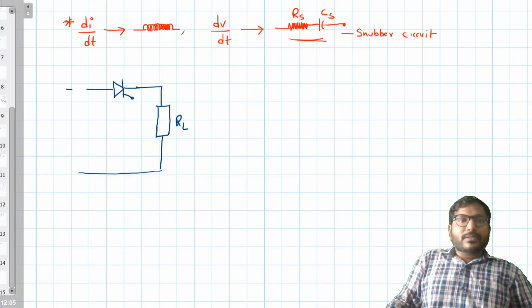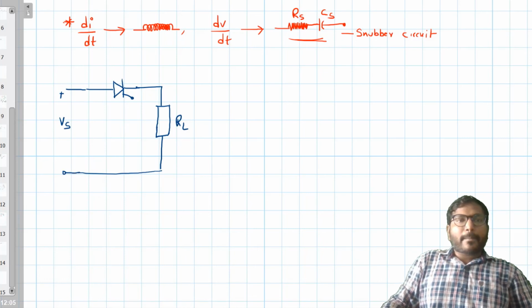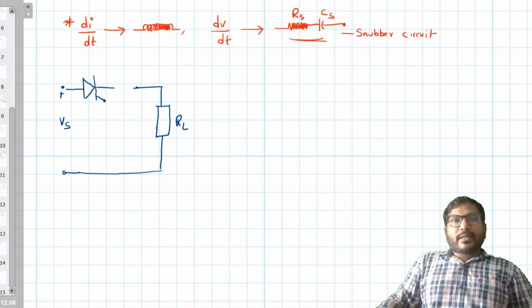Let us suppose the supply voltage is Vs, and here we have to place an inductor in series with the SCR.